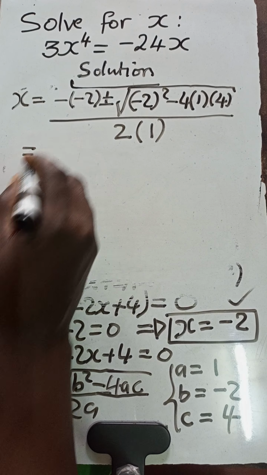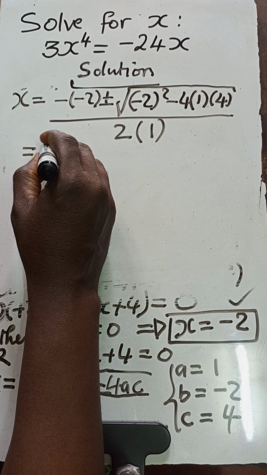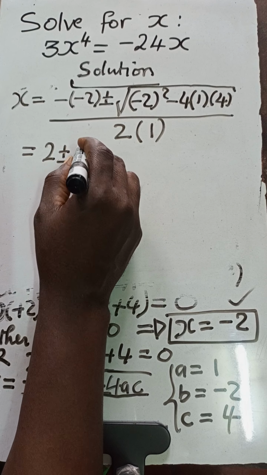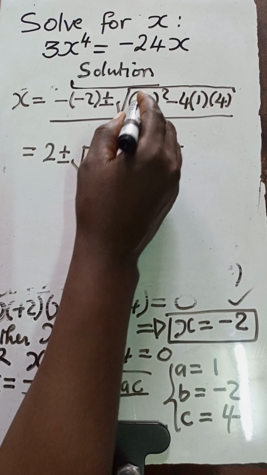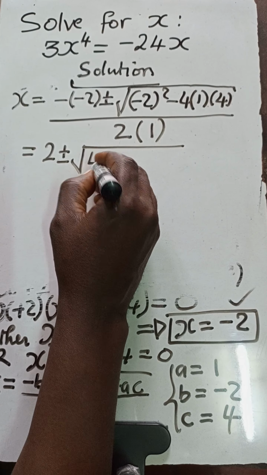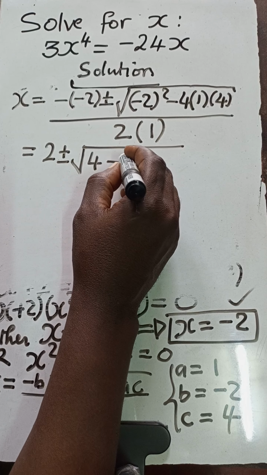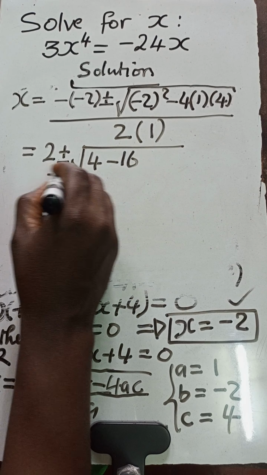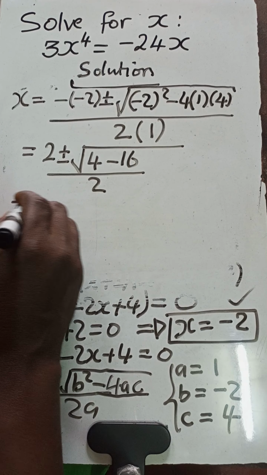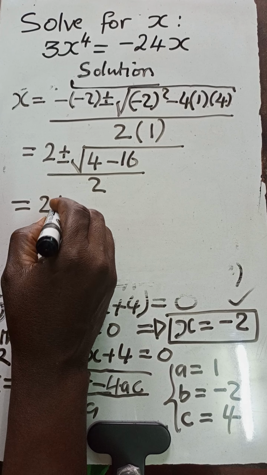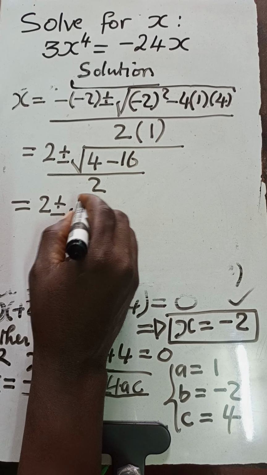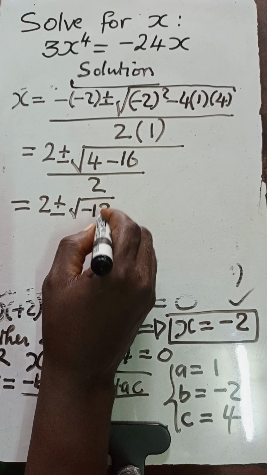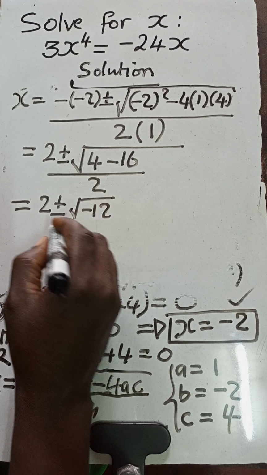This gives us positive 2, plus or minus the root of: negative 2 squared is 4, minus 16, since 4 times 4 is 16. All of that divided by 2. So x is equal to 2 plus or minus the root of negative 12, since 4 minus 16 is negative 12, all over 2.